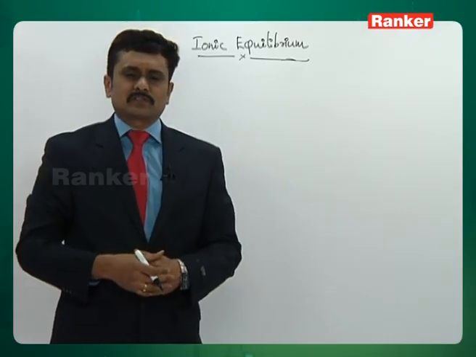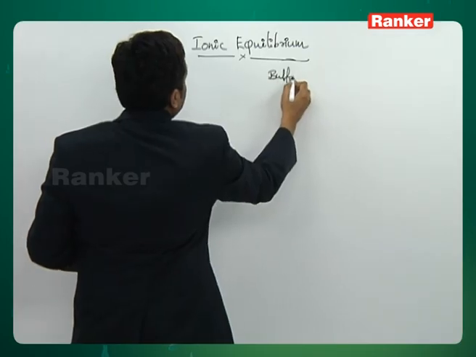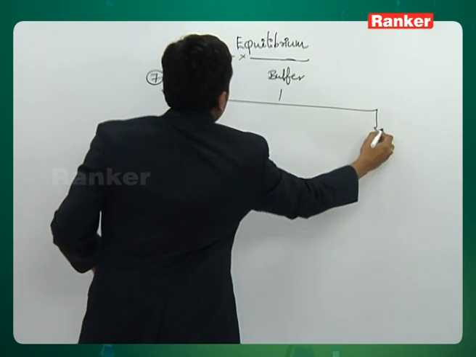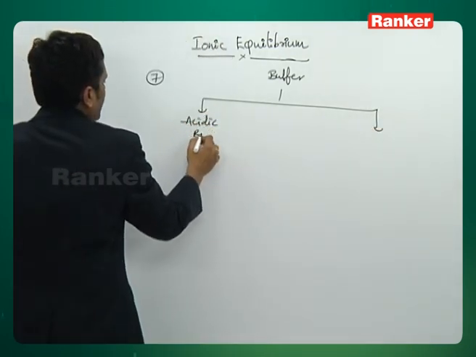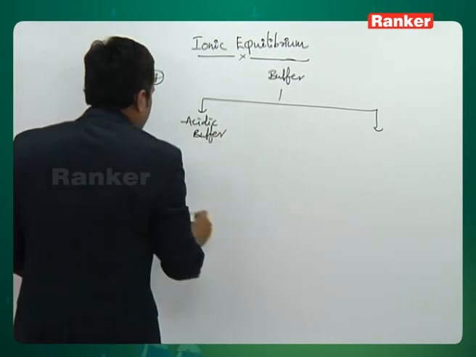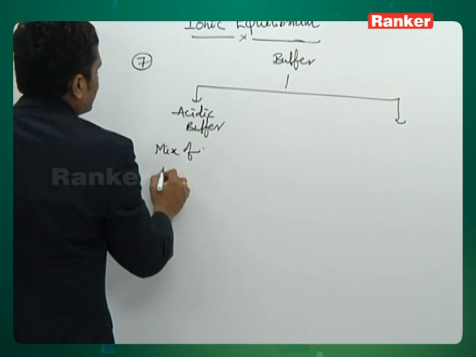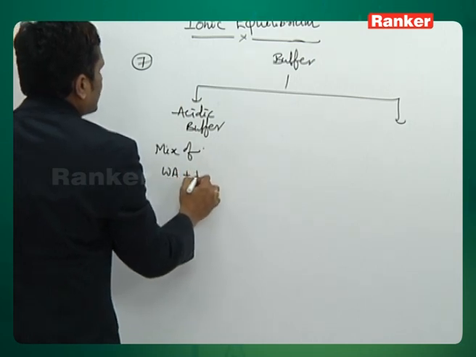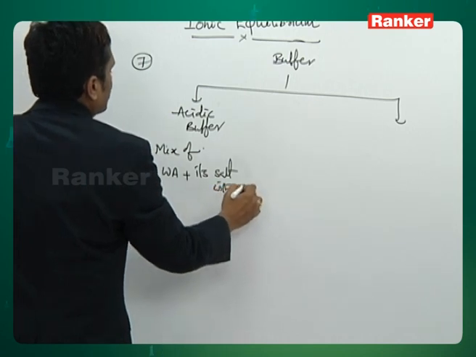About buffer solution, which of the following statements is correct? We know that buffers are classified into 3. One you call an acid buffer or acidic buffer, which is the combination of a weak acid and its salt with a strong base.